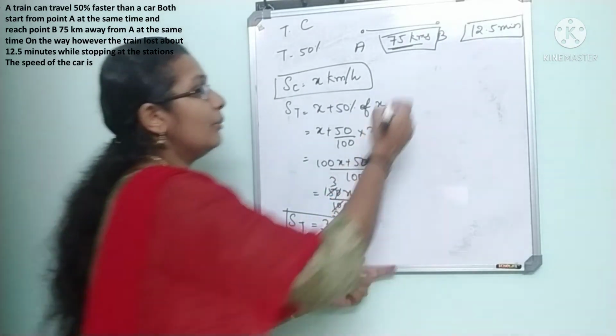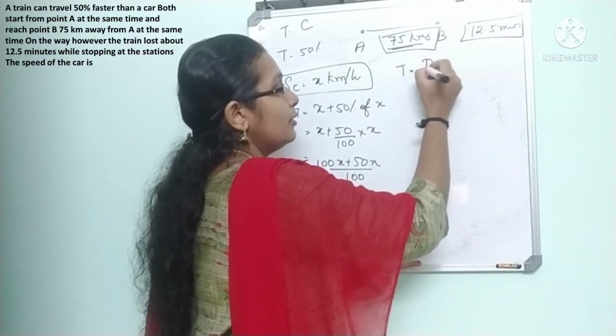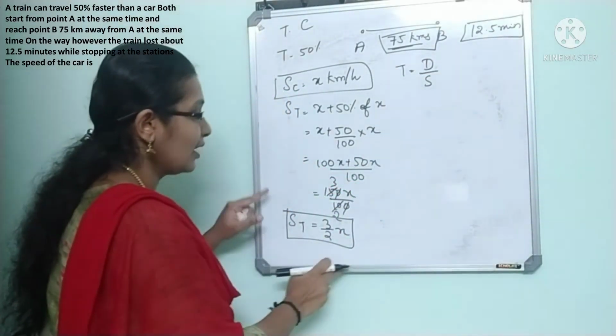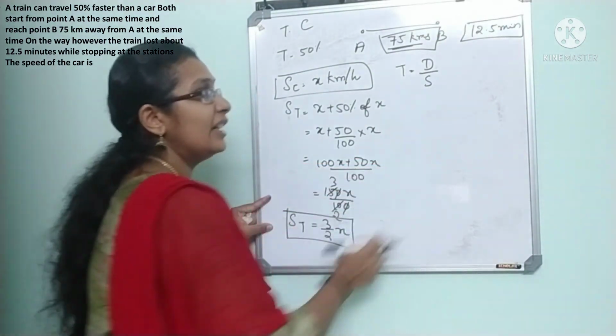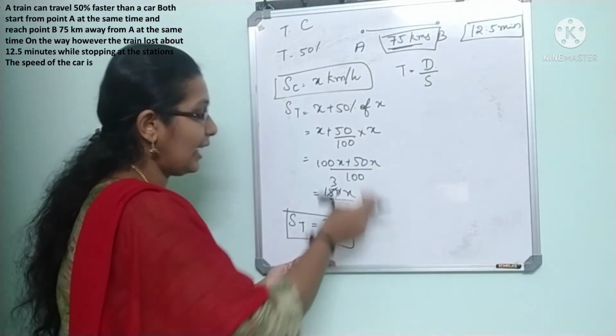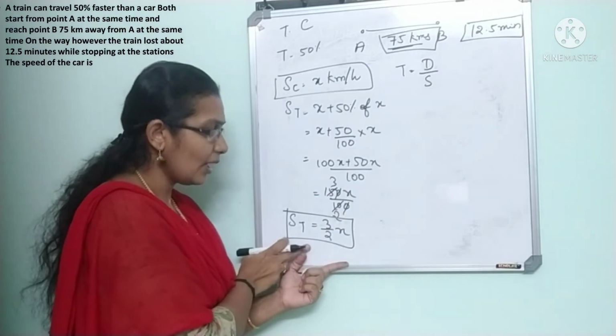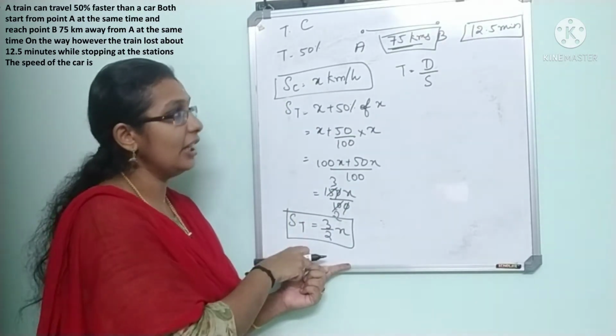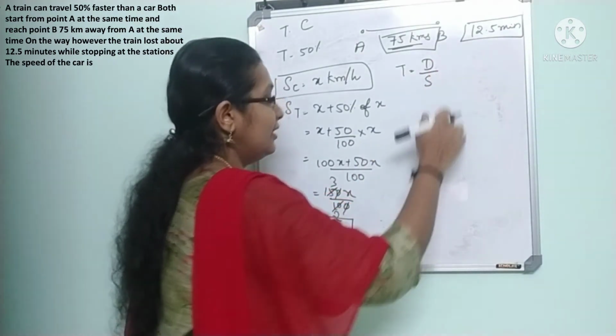Okay, so how will you find time? Time is equal to distance by speed. So this 12.5 minutes is nothing but the difference in timing between the train and the car, correct? So I can write it as distance by speed.